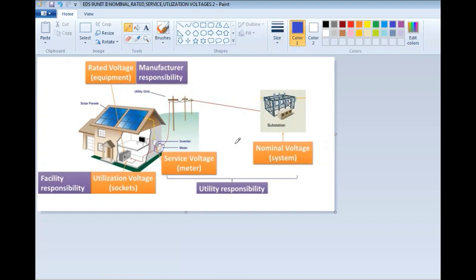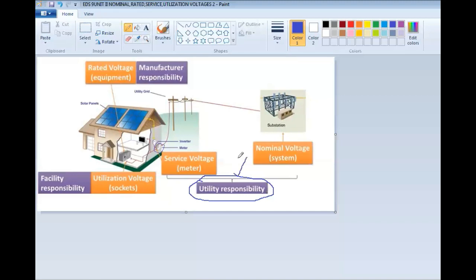Now here the service voltage and nominal voltage are the utility's responsibility. Nominal voltage should be maintained, and service voltage at the entrance of the house should be maintained by the utility.